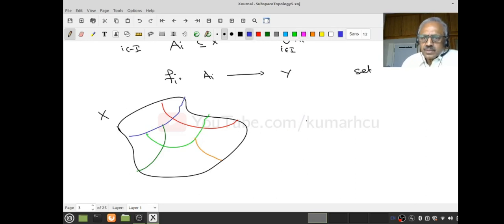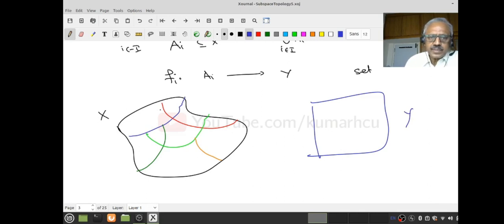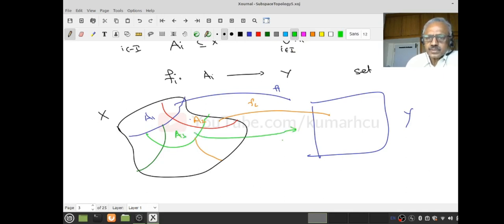From A1 I have a function f1, from A2 I have a function f2, from A3 I have a function f3, and so on.